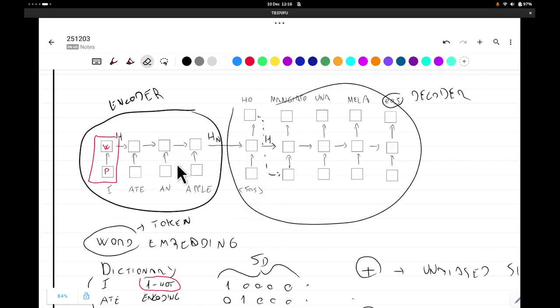Whatever the network knows at this point to start the decoding part is embedded in this state vector hn, which can have any dimension as we like.